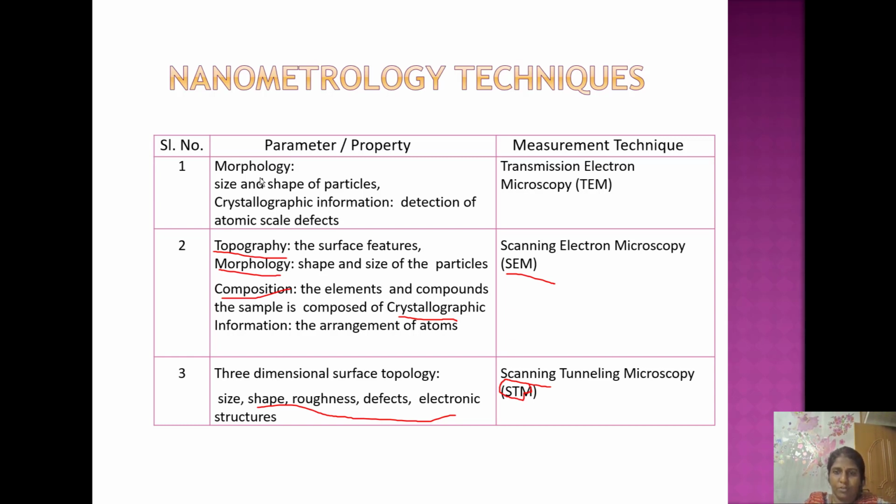In scanning electron microscopy, SEM, we can get the topography, morphology, composition, and crystallographic information, that is the arrangement of atoms. In the scanning tunneling microscope, we get the three-dimensional surface topology, that is size, shape, roughness, defects, and electronic structure.